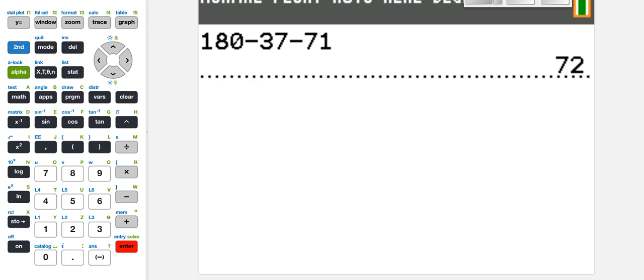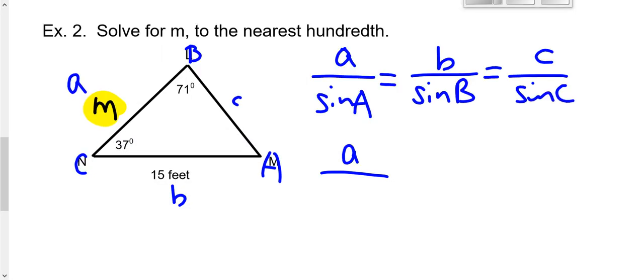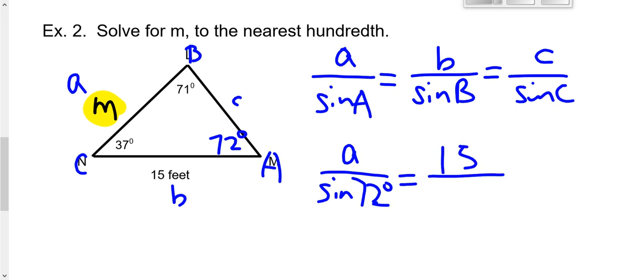We have 72 degrees. So this means it is 72 degrees here. So that's my angle A, sine 72 degrees. And then my angle B, if you call that C, then it will be your angle C. So b is 15, and then sine B is 71 degrees.